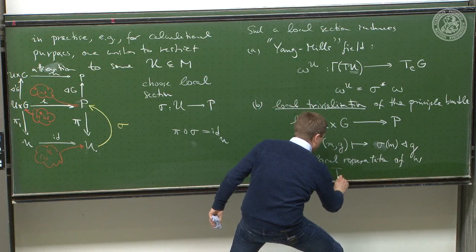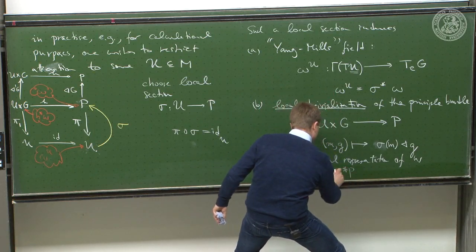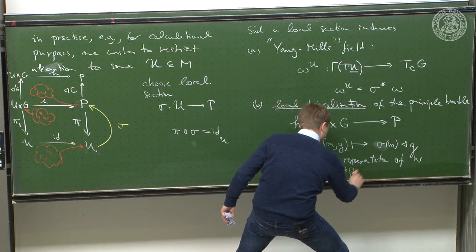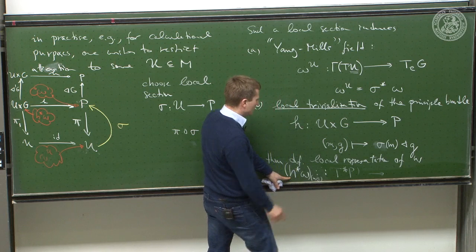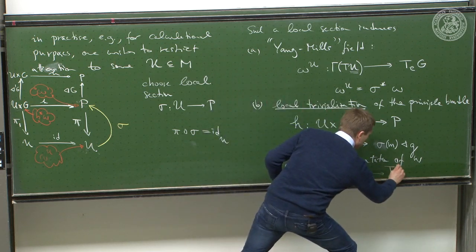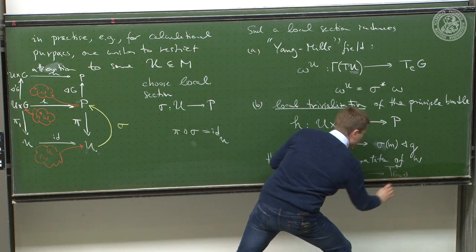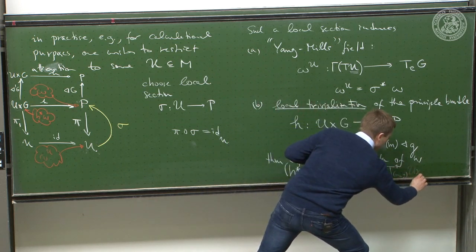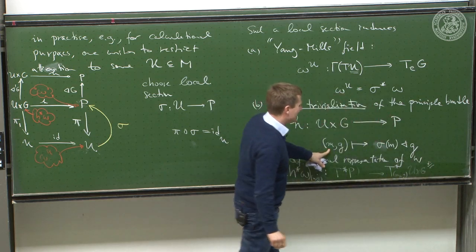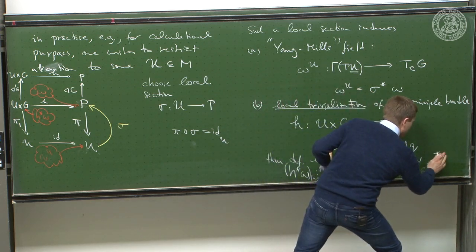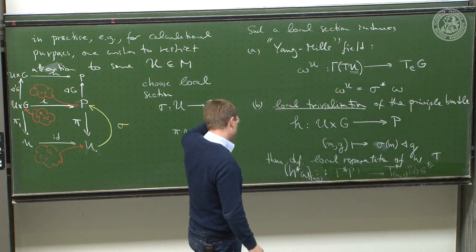So we start somewhere in the cotangent space here, or the sections of that, okay, at the point. And the point I wish to make is that from here we go to the cotangent space at the point MG of U cross G, and now that's my central point here.